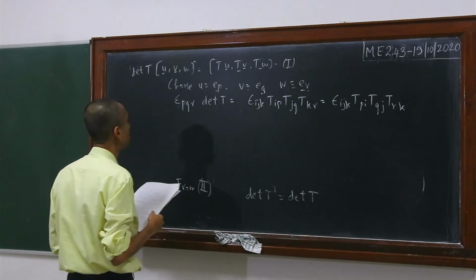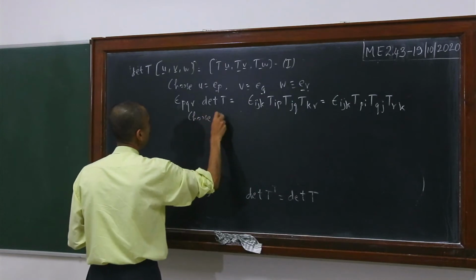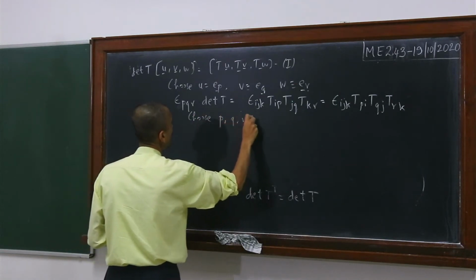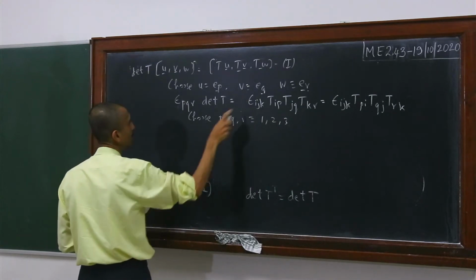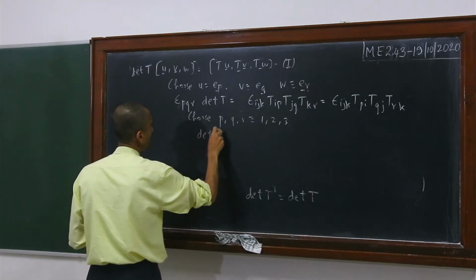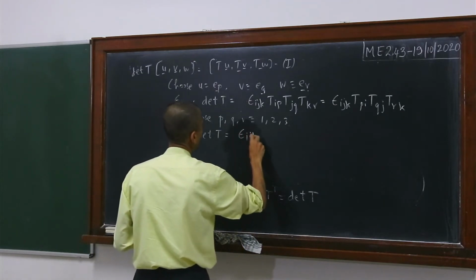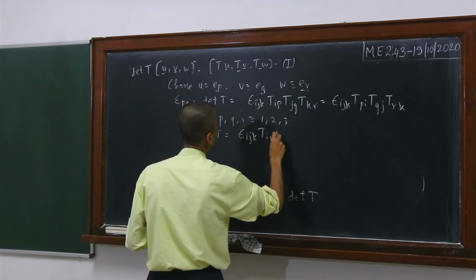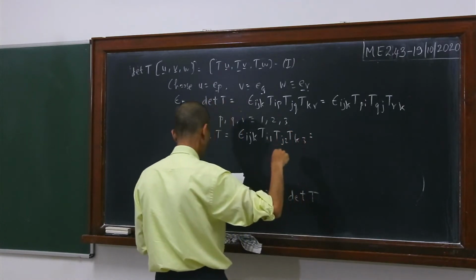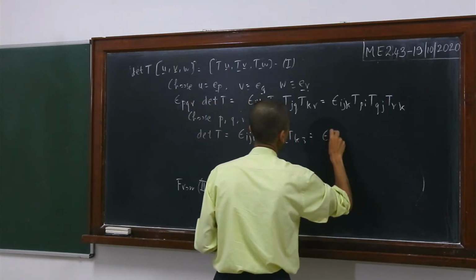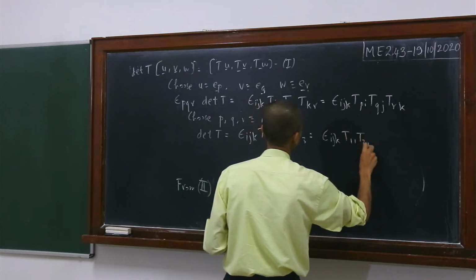Then if you choose PQR to be 1, 2, 3, in that particular case you will get determinant of T is equal to epsilon IJK T I1 T J2 T K3, which is also equal to epsilon IJK T 1I T 2J T 3K.